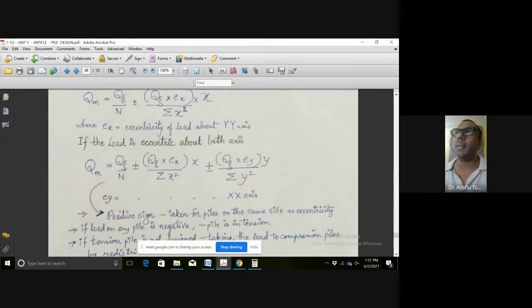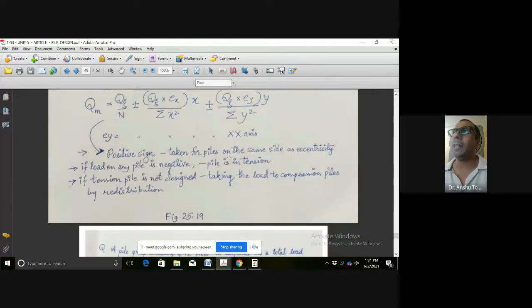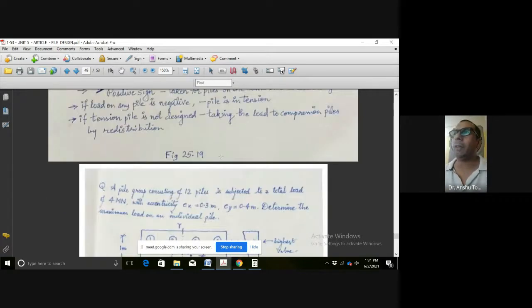If the load is eccentric about both the axes, we will be using Ex and Ey both. Positive sign is taken for piles on the right hand side. जो सेंट्रल लाइन है उस सेंट्रल लाइन के राइट हैंड साइड में जो भी पाइल्स हैं उनकी वैल्यू आएगी वो हमेशा पॉजिटिव लेंगे. जो लेफ्ट हैंड साइड है वो हमेशा नेगेटिव लेंगे. इसी तरह से एक्स एक्सिस में जो ऊपर की साइड है वो पॉजिटिव रहेगी वैल्यू, और जो नीचे है वो नेगेटिव रहेगी वैल्यू.